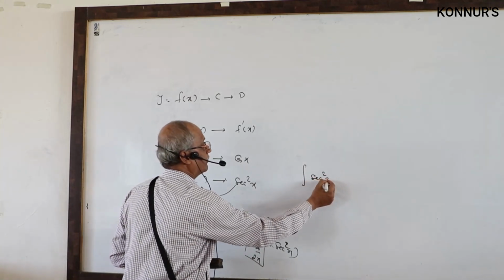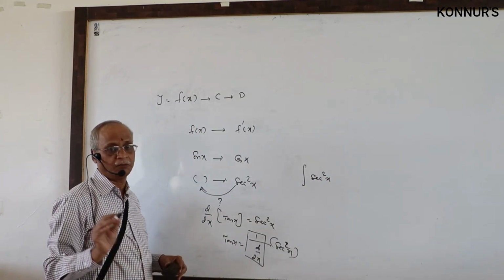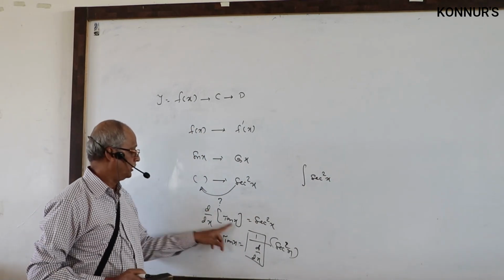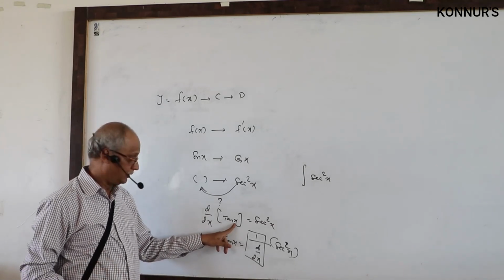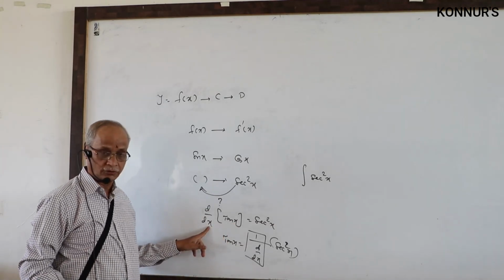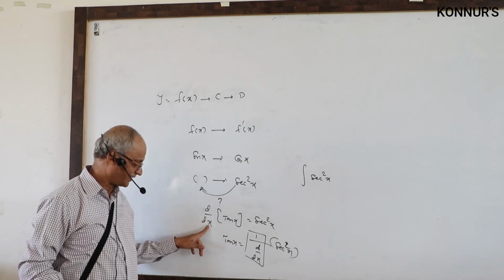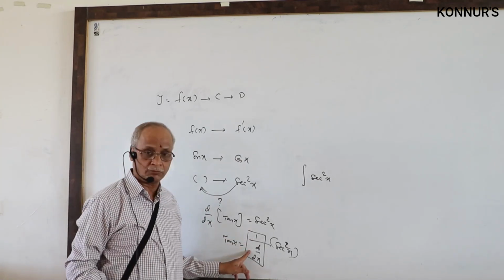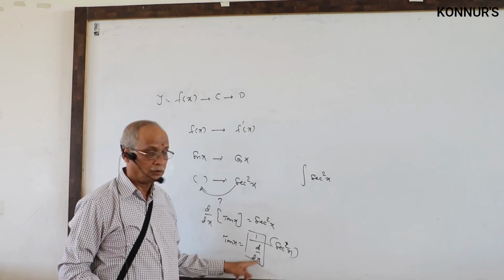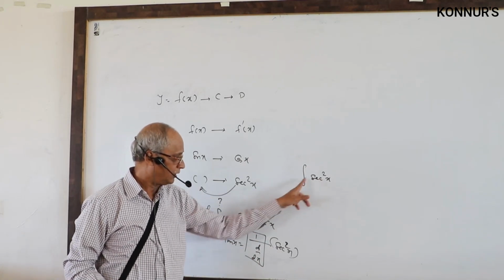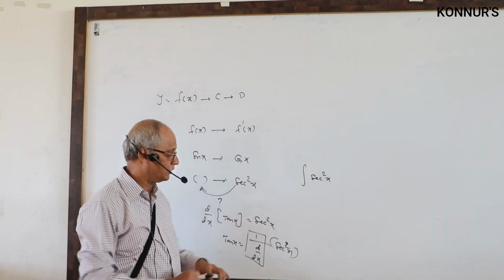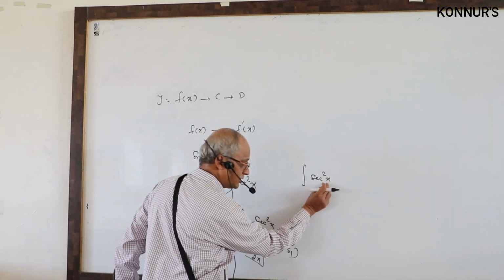secant square x. Still it is not complete, because when we talk about the derivative, what is the variable here? X. With respect to x. That is the reason we write dx. Similarly, when we talk about the antiderivative, here also we should mention the variable, and we give a symbol for the integral. Here the variable is x.